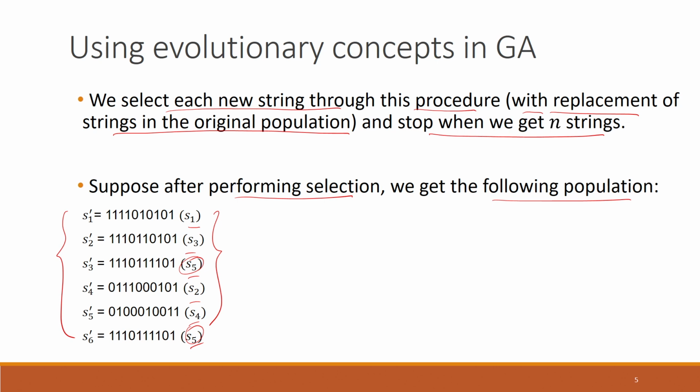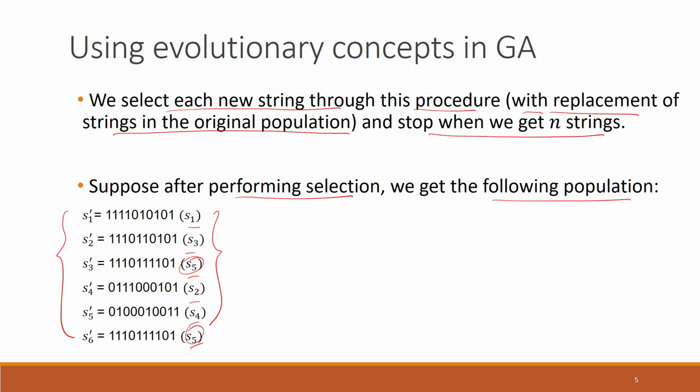Even though in a particular instance the total fitness value of these strings might reduce as compared to the original population, on average, in the long run, the strings that are fitter will have a higher likelihood of getting selected in the next population.